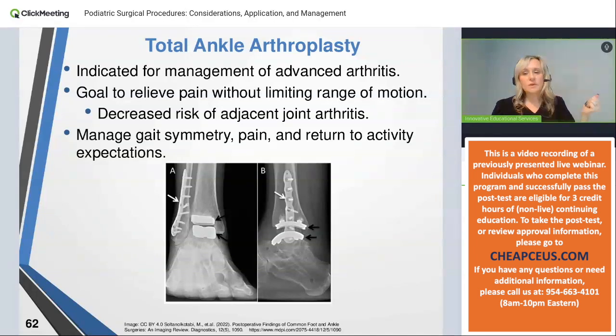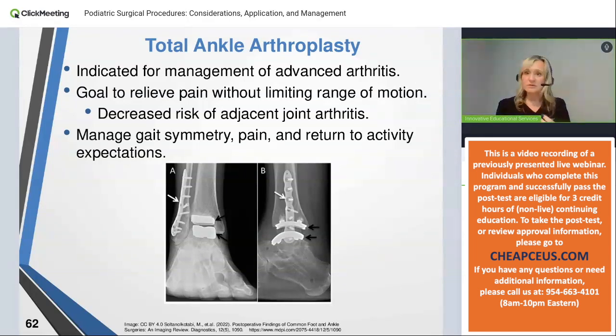Total ankle arthroplasty is an alternative for some patients that is evolving. This will limit that adjacent joint risk of osteoarthritis. It is for patients who have significant osteoarthritis in their ankle joint. In terms of management, it still does not restore full function of that ankle.